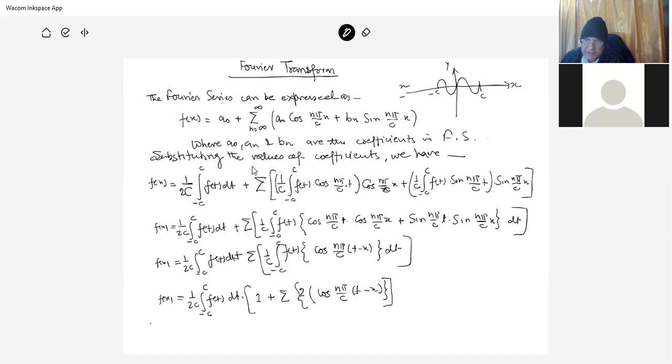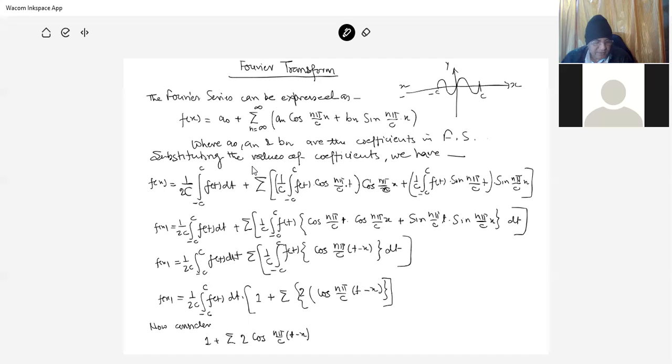Now consider 1 plus summation 2 cos(n pi by c (t minus x)).